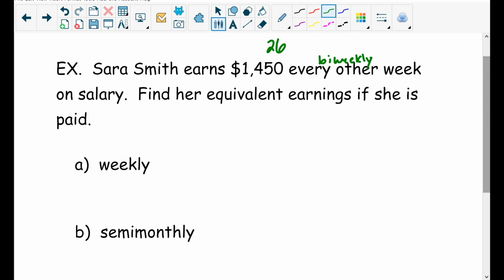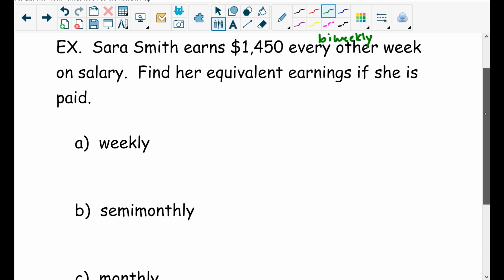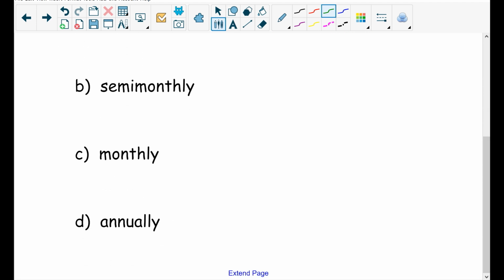So let's find the annual salary. $14.50 times 26, and that gives me an annual salary of $37,700 even. Perfect.